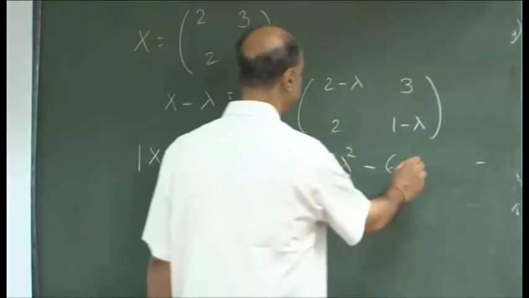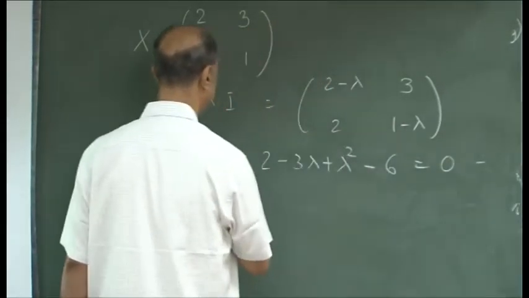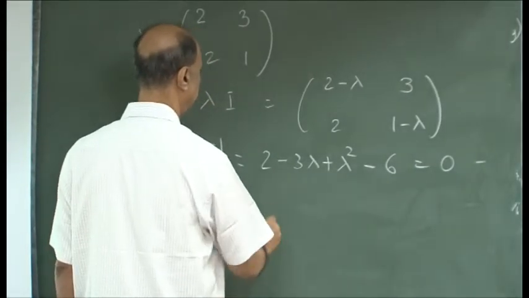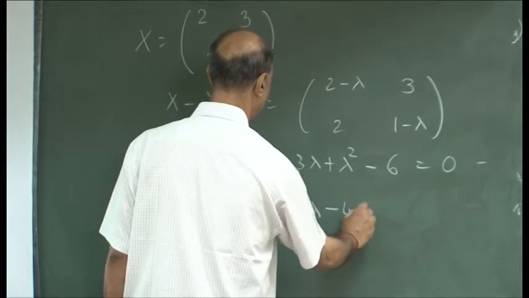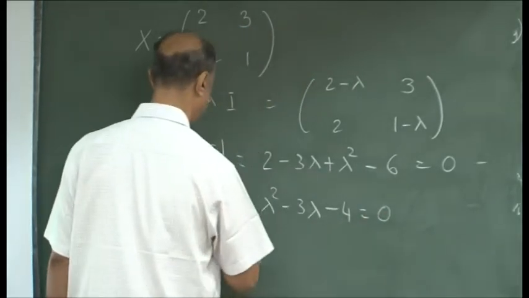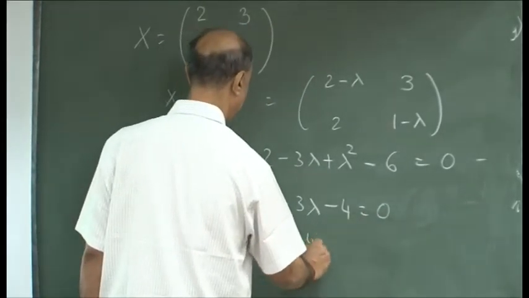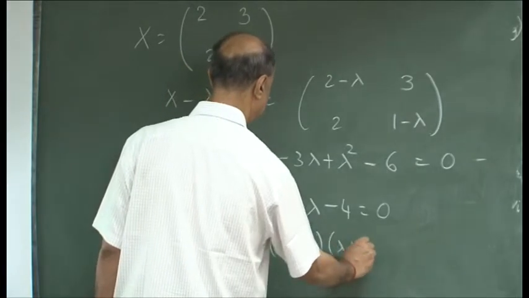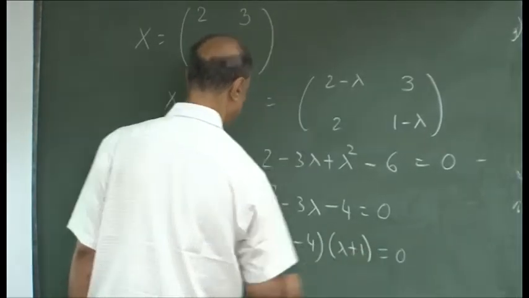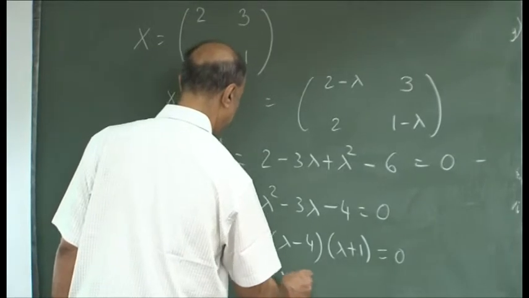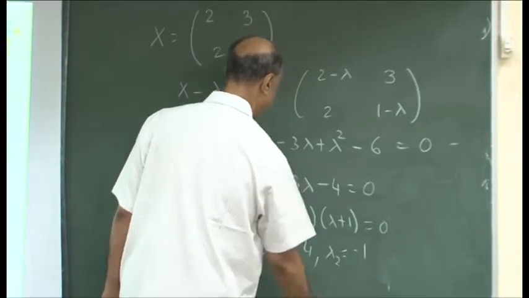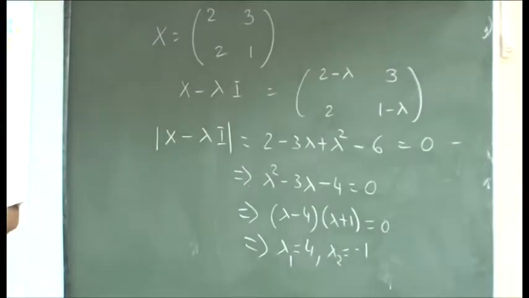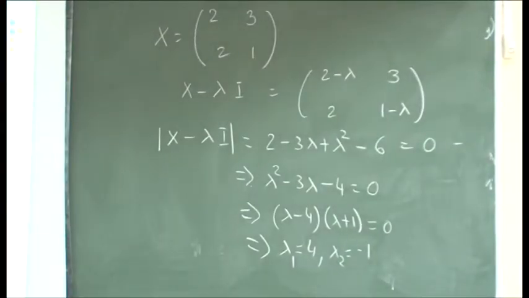This has to be 0. Lambda square minus 3 lambda minus 4 equals 0. Lambda minus 4 times lambda plus 1 equals 0. So, this gives you lambda 1 equals 4 and lambda 2 equals minus 1. So, you got the 2 eigenvalues.